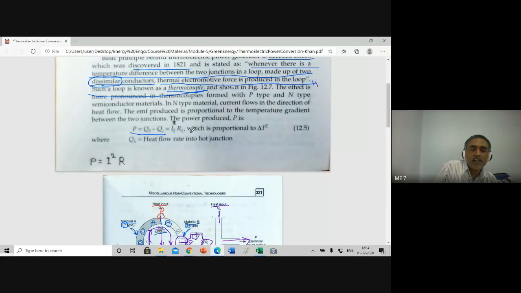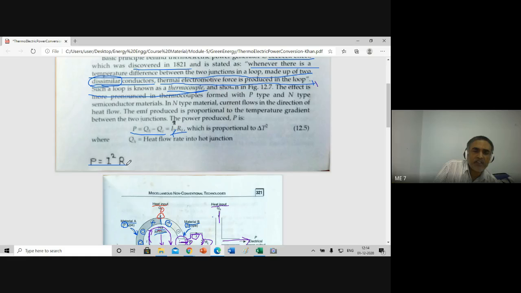And also from electrical engineering, by Ohm's law, power is equal to voltage into current, where V is equal to R into I, and by that it is I square into RL. It is a misprint there.